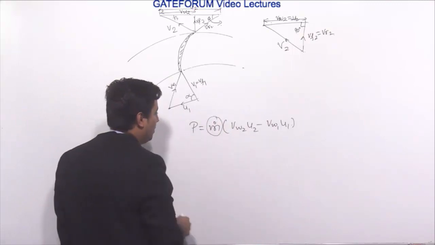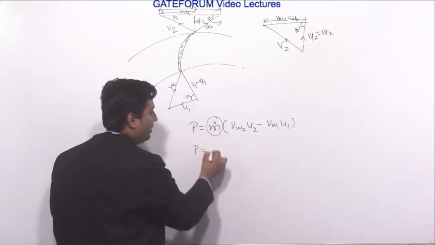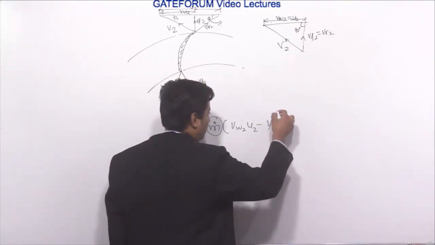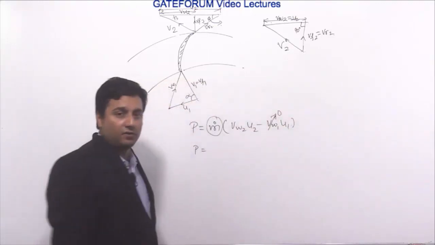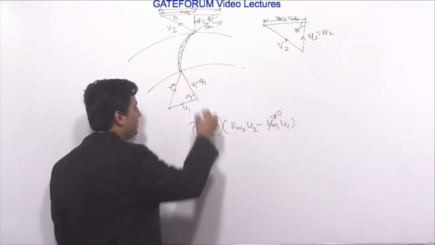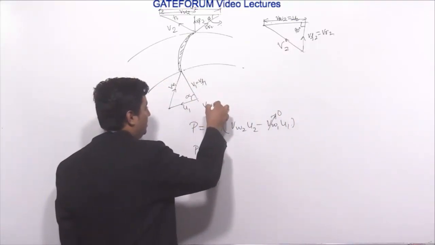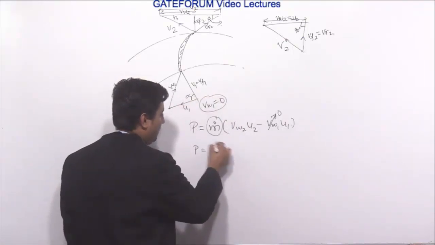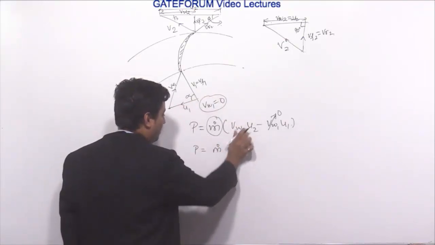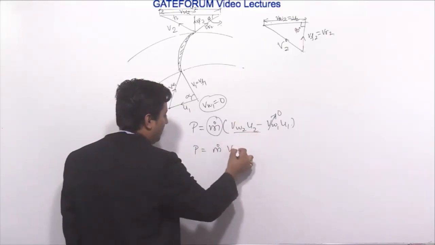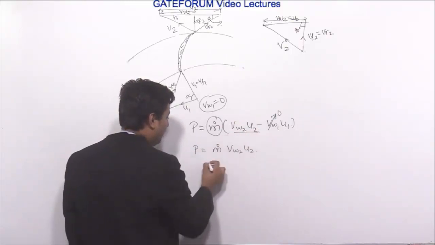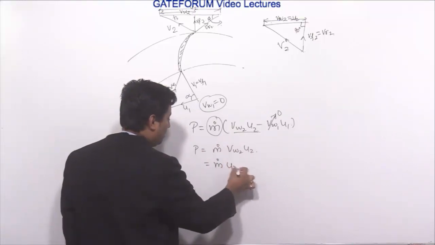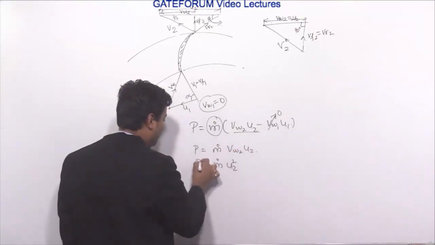Vw1, that is the axial velocity, so the velocity of whirl at the entrance will be equal to 0. There is no mention of the velocity of whirl, so Vw1 is equal to 0. So power is m dot multiplied by Vw2 U2, or m dot multiplied by U2 square.